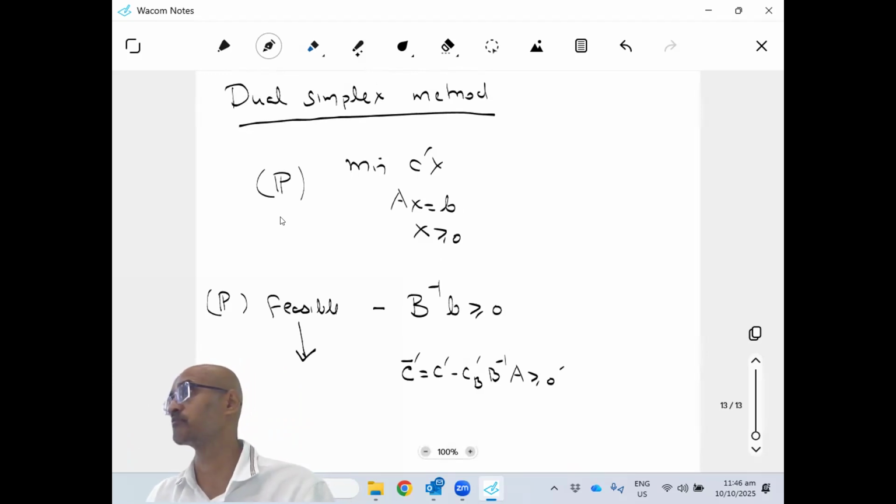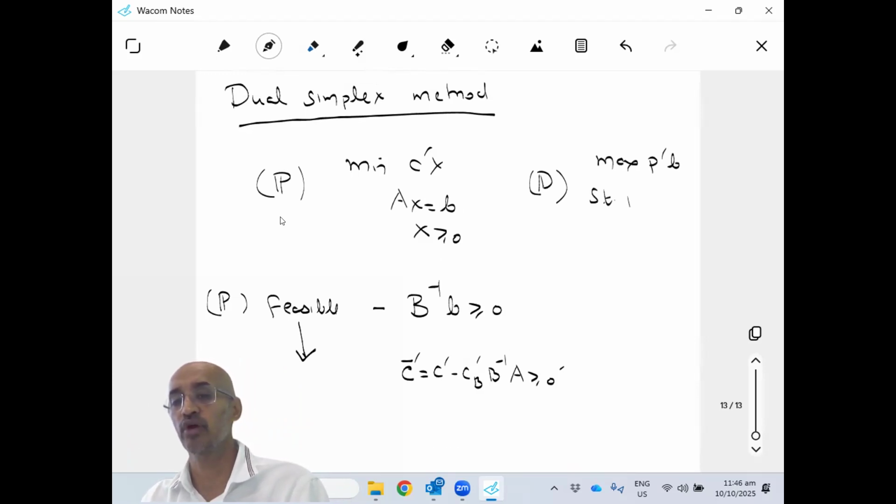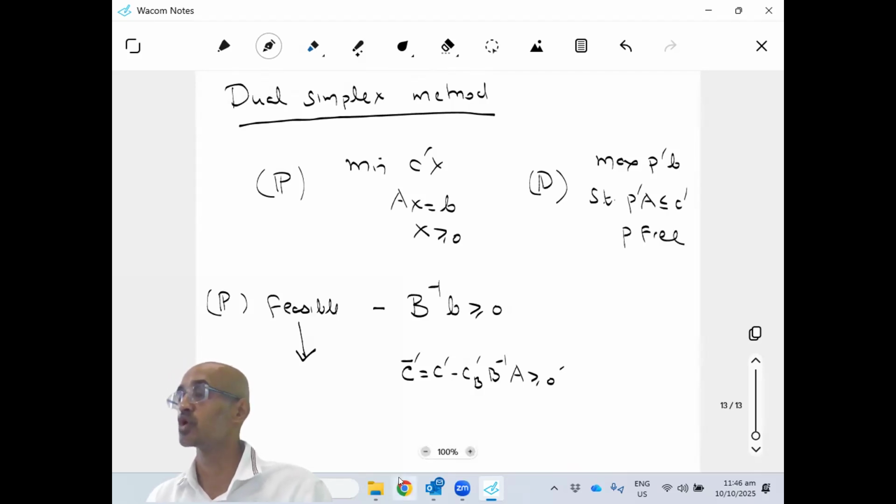What is the dual problem for this? The dual problem is to maximize P transpose b subject to P transpose A less than or equal to c transpose, where P is free. If you interpret c_B transpose B inverse as P transpose, which is what we did, this is nothing but P transpose A less than or equal to c transpose.